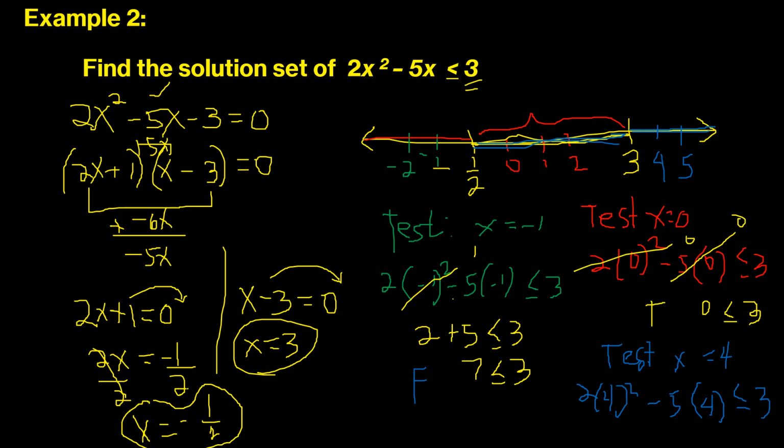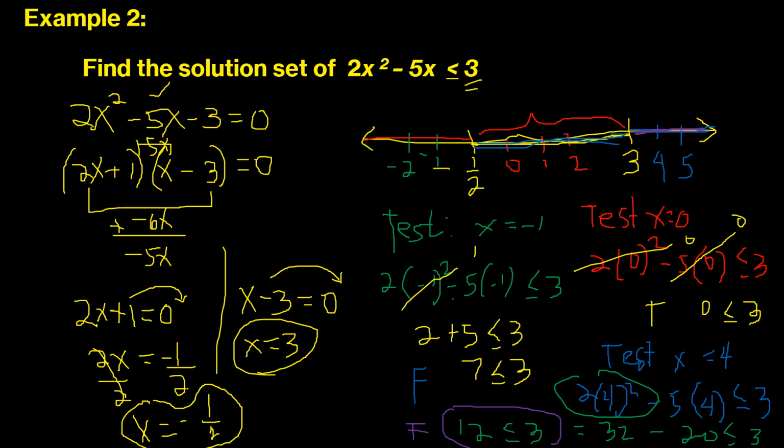But 4 squared is 16, and 2 times 16 is 32, and minus 5 times 4 is 20, less than or equal to 3. But 32 minus 20 is 12. So 12 is less than or equal to 3, and that is, again, false. So a solution of this inequality cannot be here.